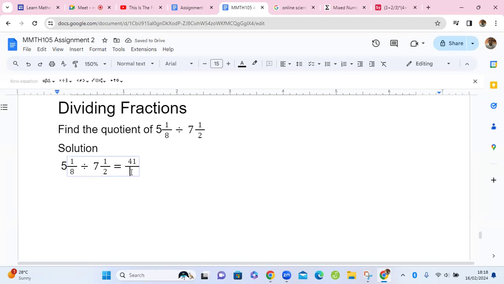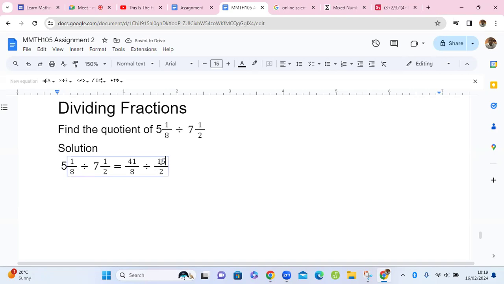So 41 over 8 divided by, now we have to convert 7 and 1/2 to an improper fraction. Multiply the whole number by the denominator. 7 times 2 is 14. 14 plus 1 gives us 15 over 2.